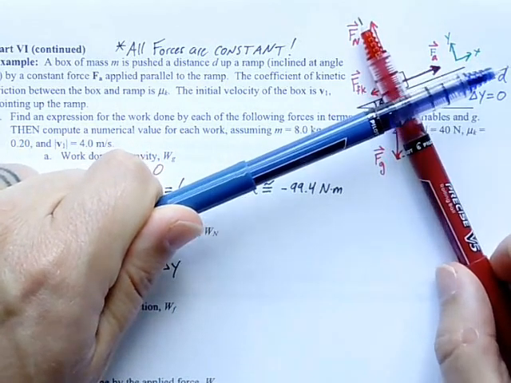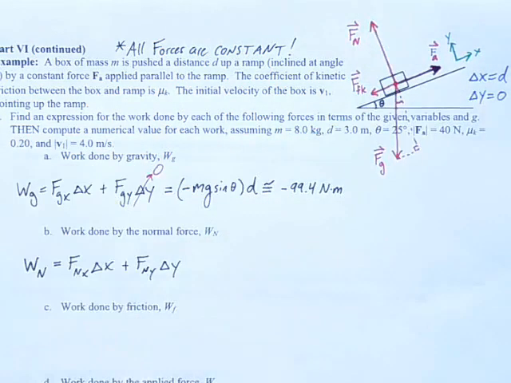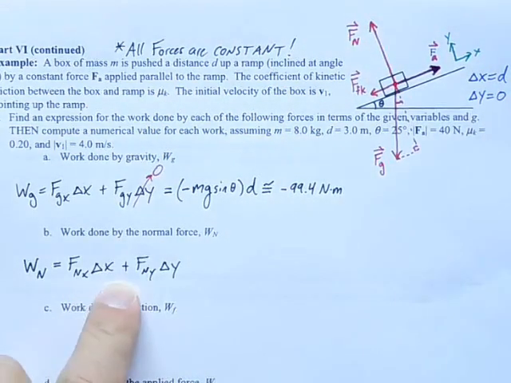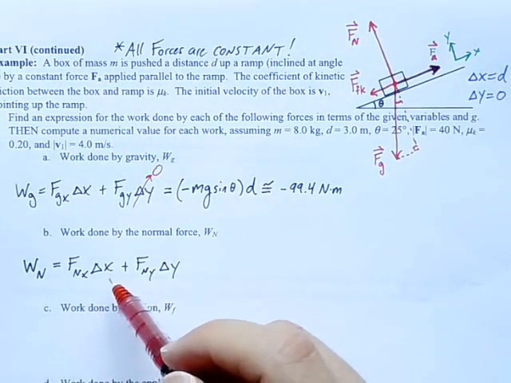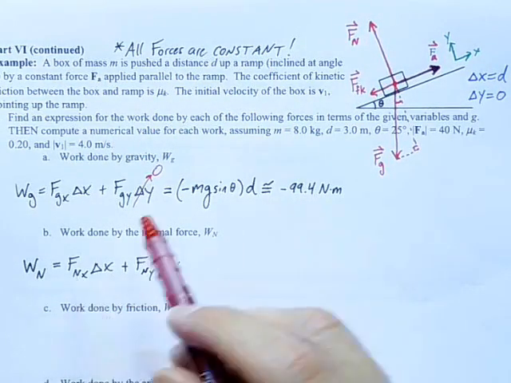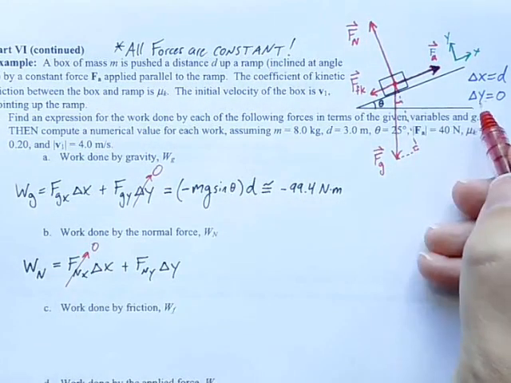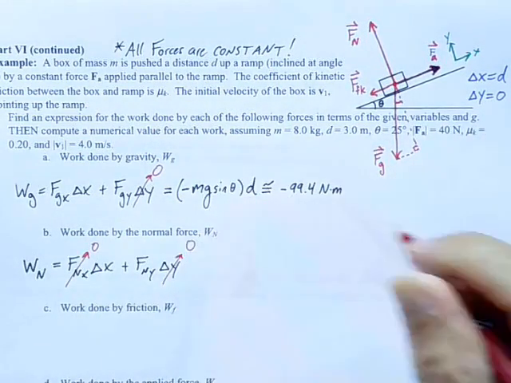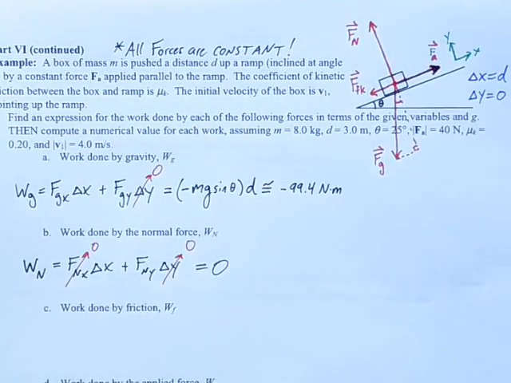It'll be doing zero work, neither speeding up the block nor slowing it down. So this should come out to be zero. Let's examine in detail how that comes to pass. Fnx is zero. There's no x component to the normal force, and delta y, once again, is zero. Therefore, no work done by the normal force.